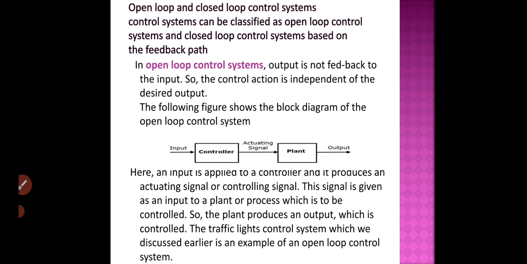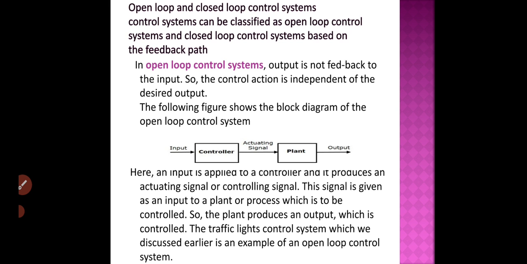Then going to the next, open loop and closed loop control systems. Control systems can be classified as open loop control systems and closed loop control systems based on the feedback path. The naming of the open loop and closed loop control system depends on the feedback path.